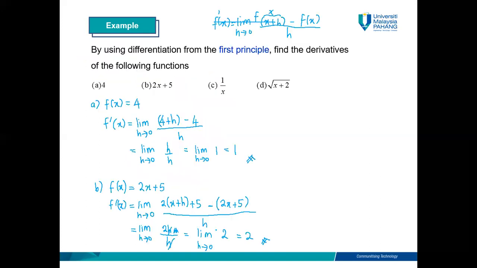Okay. And then for D, okay, by using first principle again, okay, f(x) equal to square root of x plus 2. Okay. So f prime x is equal to limit of square root of x plus h plus 2.